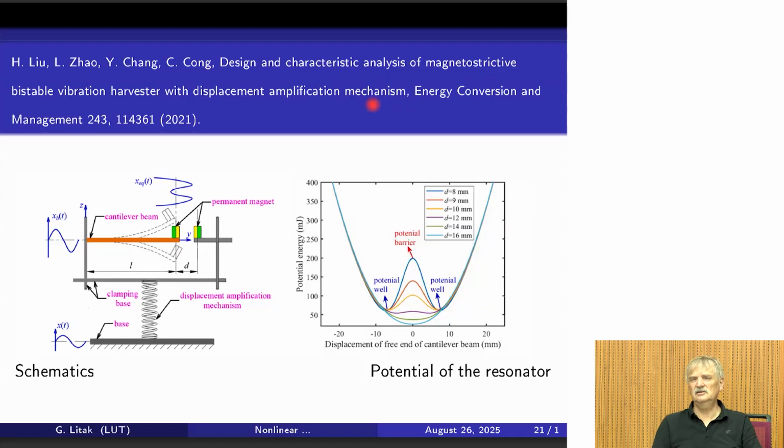This system is also related to some other systems discussed in the literature, and these are called nonlinear energy sinks. So a nonlinear energy sink, you can find in some way that you want to damp the structure.